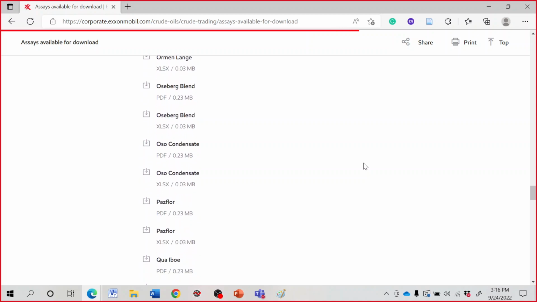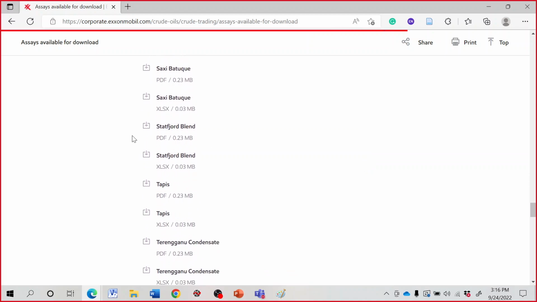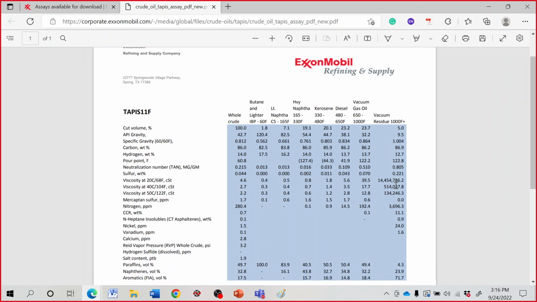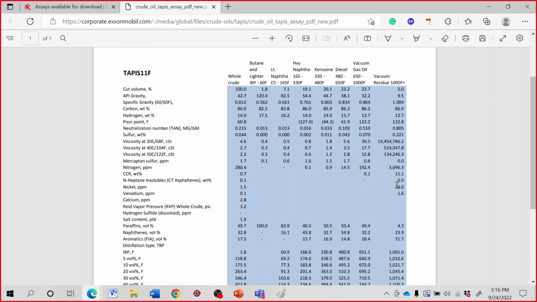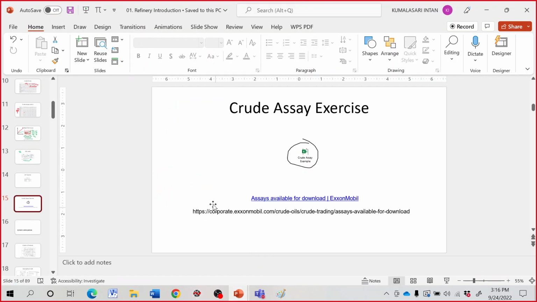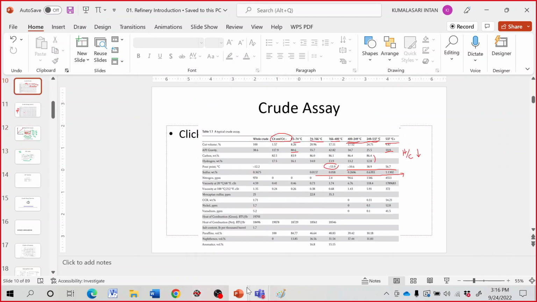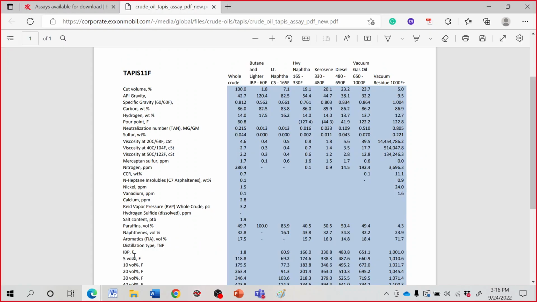Tapis. Where's Tapis? So you can see Tapis. It's basically the same as what I put over here. Basically the same type of table, but here you have a lot more options to play with.